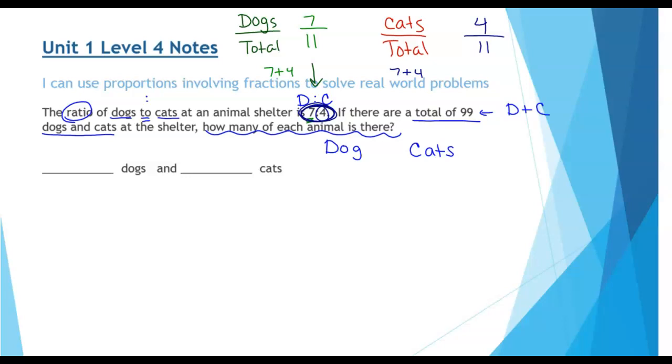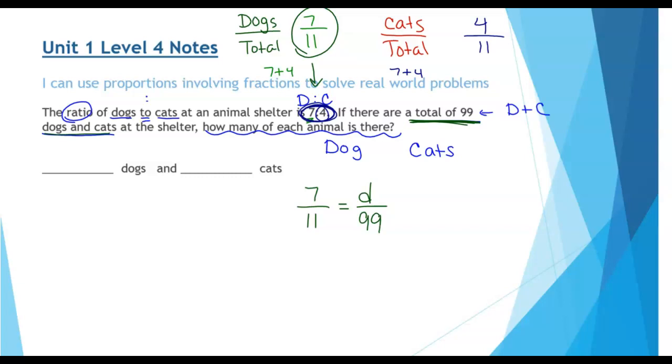All right, now that we have that, our total of 99 dogs and cats, we need to figure out how many of each animal. So first of all, let's do dogs. There's 7 dogs out of 11 animals, and we need to figure out how many dogs there are out of 99 animals.